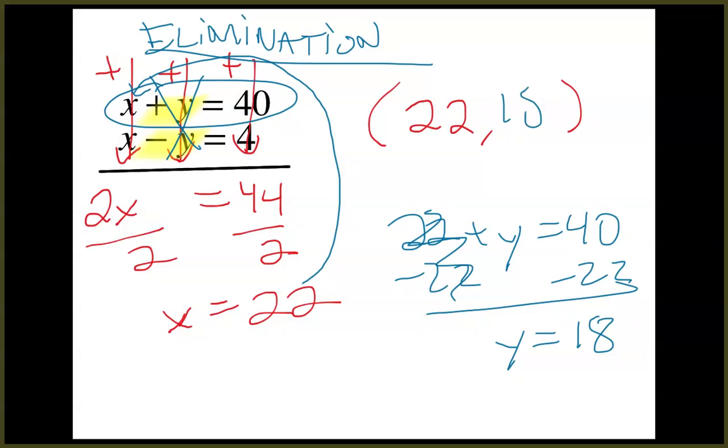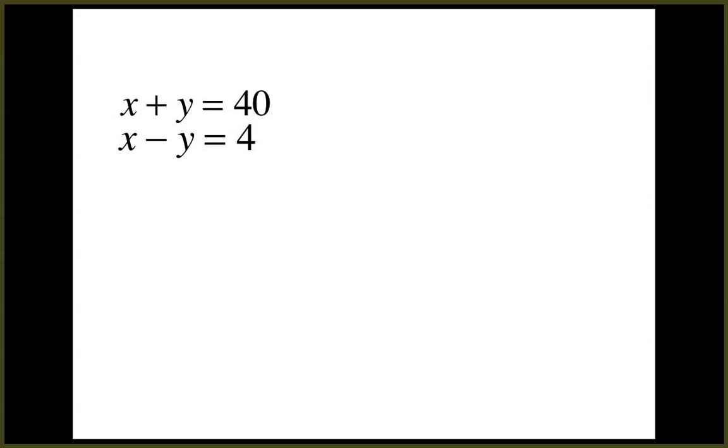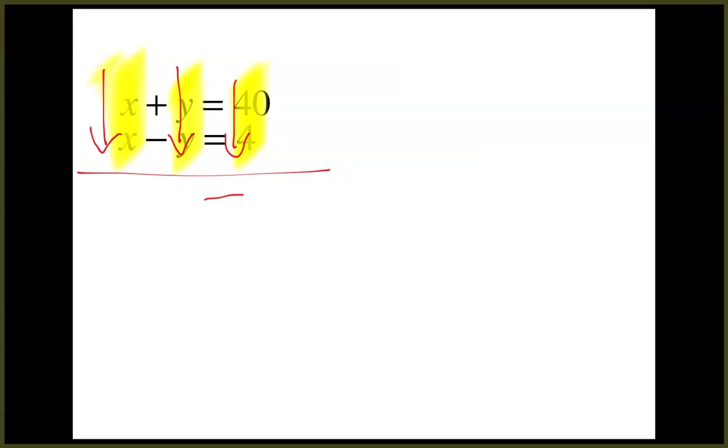And so now we have the solution to our system of equations, 22 comma 18, or x is 22 and y is 18. And the whole thing happened when we took our system of equations and we lined up the x's, lined up the y's, and lined up the other parts. And then what did we do? We just added, and figured out what the equation is that we have left.